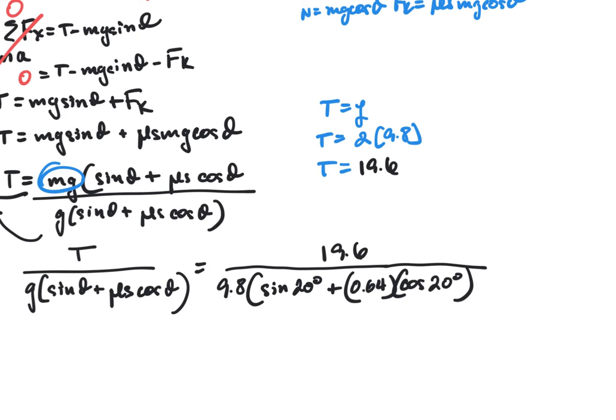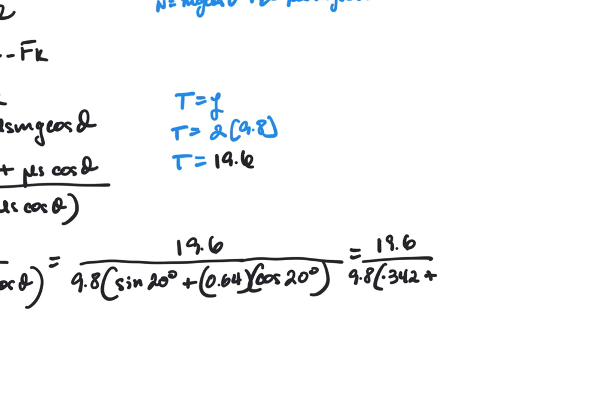And then when we solve, I'm going to do it step by step: 19.6 over 9.8 times sine of 20, which is 0.342, plus 0.64 times the cosine of 20, we get 0.601.